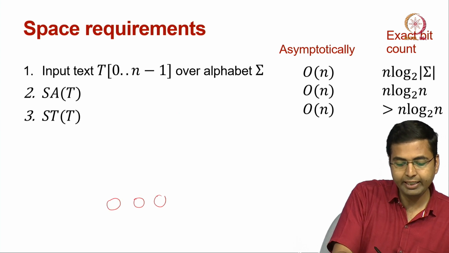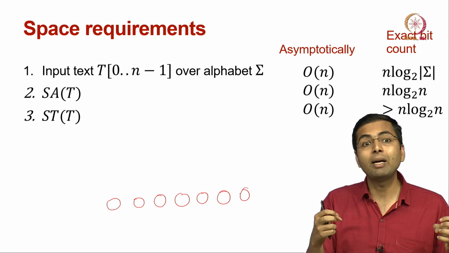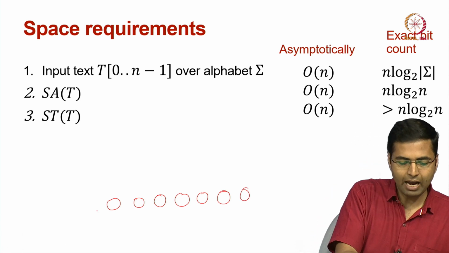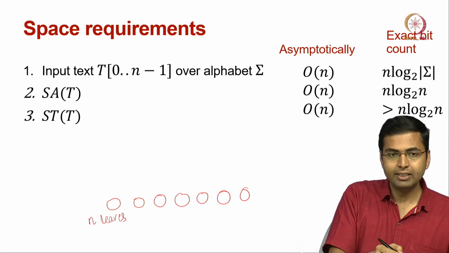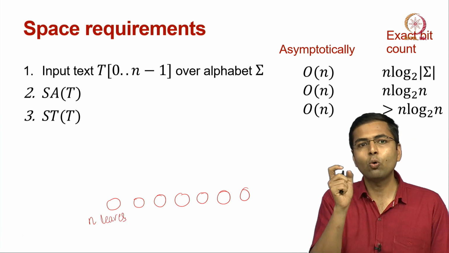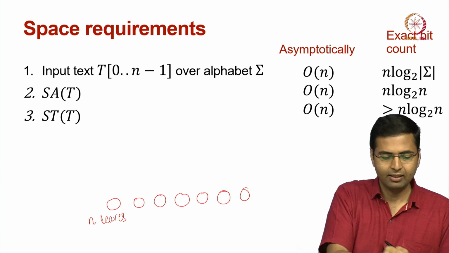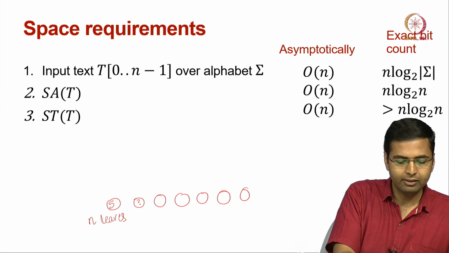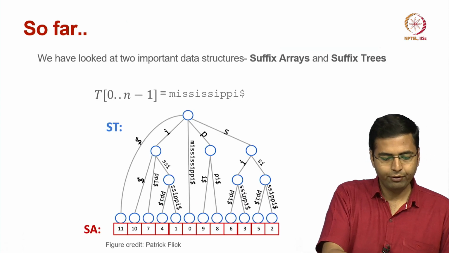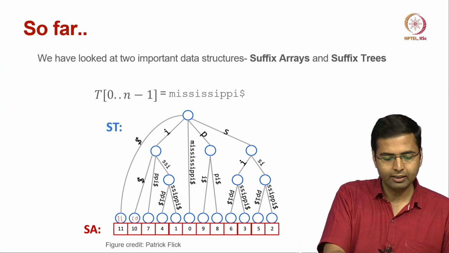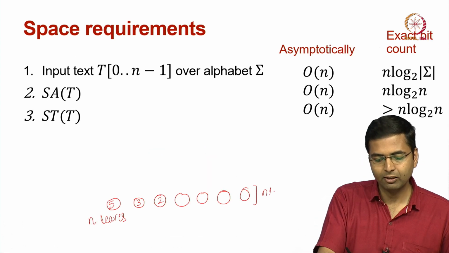The leaves are equivalent to the space used by the suffix array, because we have n leaves in the suffix tree, and in each leaf, if we store the id of the suffix, that is the starting position of the suffix, let us say 5, 3, 2, for example as shown in the figure here, then the leaves themselves take n log n bits.